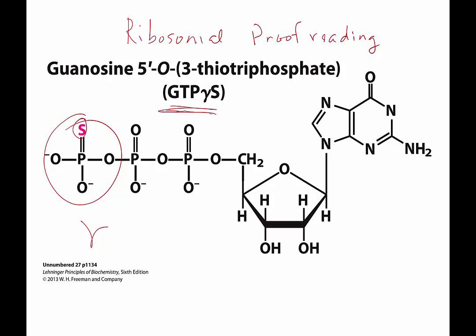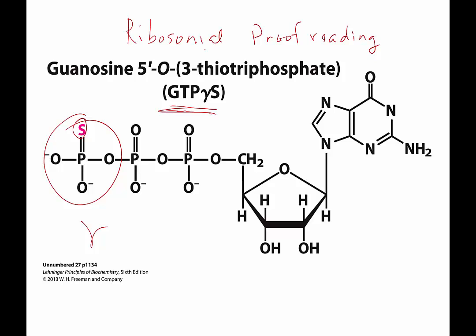And so with normal GTP binding, this millisecond time frame gives you a brief period of time for a proofreading opportunity without slowing down the overall rate of peptide or protein synthesis.